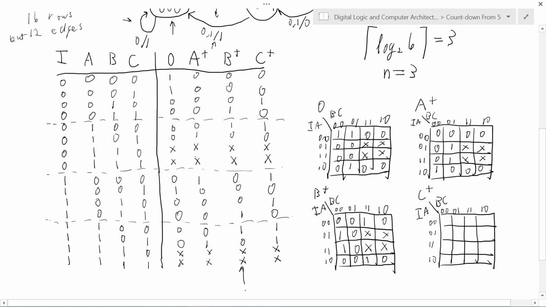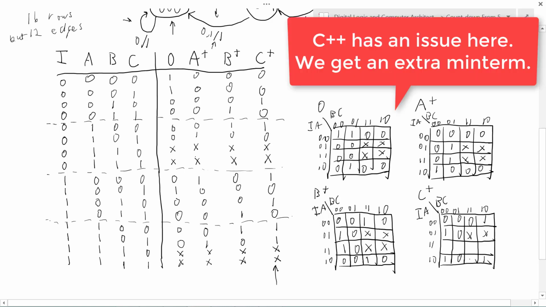And now we're not looking at this column anymore. We're now looking at column C. 0, 0, 1, 0, 1, 0, x, x, 1, 0, 1, 0, 1, 1, x, x.